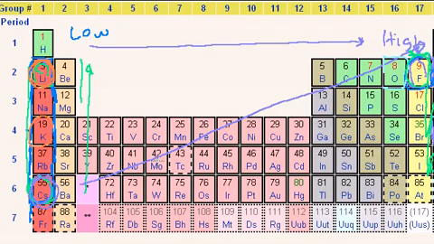But the same trend: which atoms are very likely to give away electrons? Well, the bottom left, right? As you go down, the atom gets bigger, so the electrons are further away from the nucleus. So the nuclear force, or the Coulomb force, is weaker, so those electrons are more weakly bound.